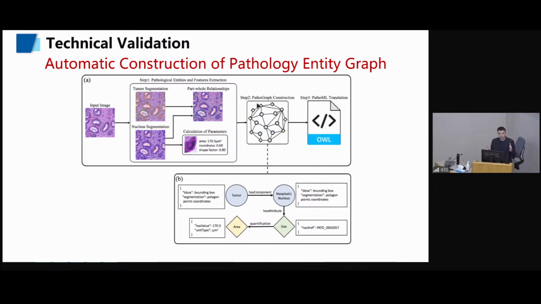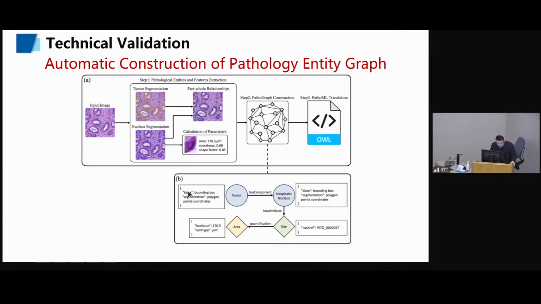The output of step 2 is the constructed graph. And block B shows what this graph looks like, just as an example. So I got the tumor, the nucleus, and the morphological characteristics related to the cell. When I construct a PathoGraph, the tumor, nucleus, and the morphological parameters are treated as nodes.